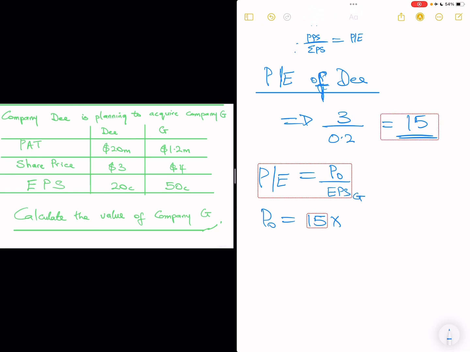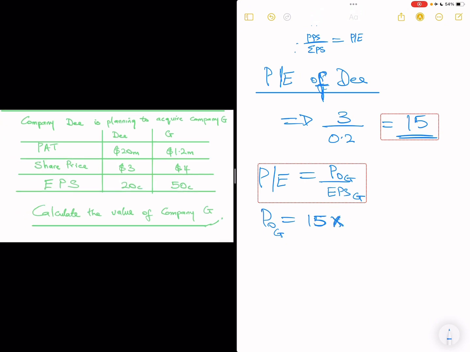So the price of G is equal to 15, which is the PE ratio of D, multiplied by the earnings, that is 1.2. Actually, we don't have earnings per share, so we can still use the total earnings, and that's 1.2. When you use total earnings, what we have is the total value of the company, which is good.